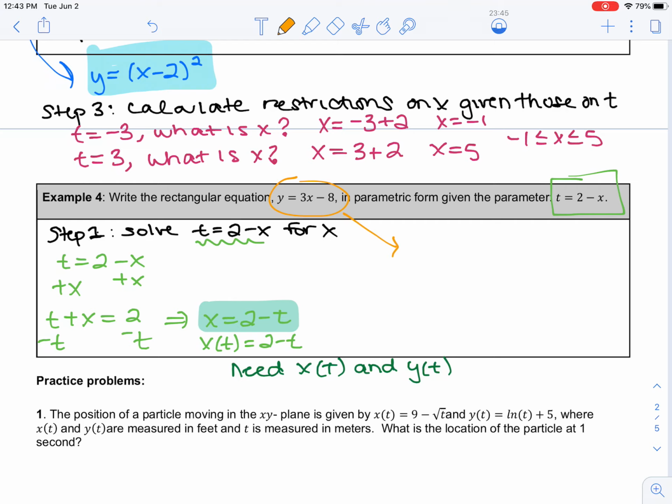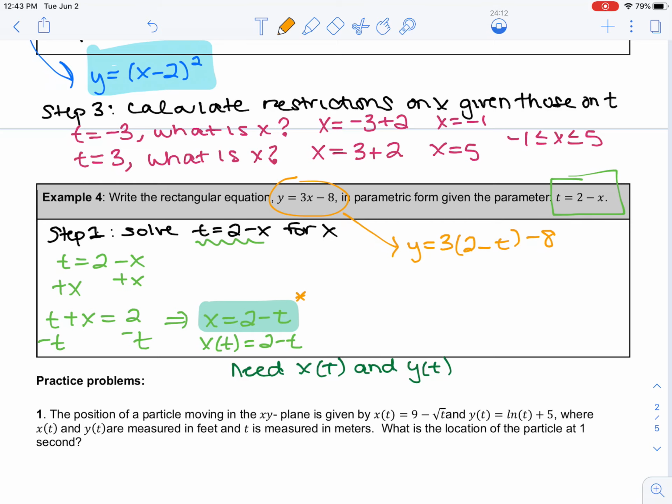So instead of writing x, we can utilize the fact that x is equal to 2 minus t, and that's coming from this x of t equation over here. So instead of writing y equals 3 times x, we'll write y equals 3 times 2 minus t, and then minus 8.